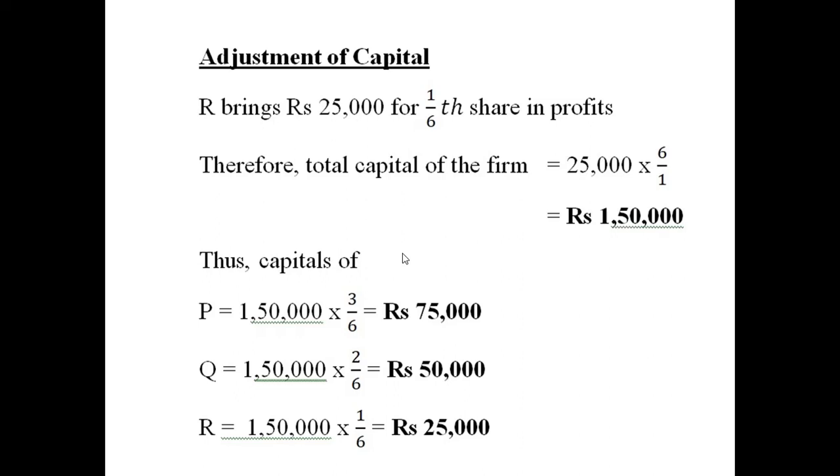So if this 25,000 represents 1/6 of the total capital of the firm, then what will be the total capital of the firm? The reciprocal: the total capital will be 1,50,000, and now this 1,50,000 has to be shared between all the partners as per the new profit sharing ratio.